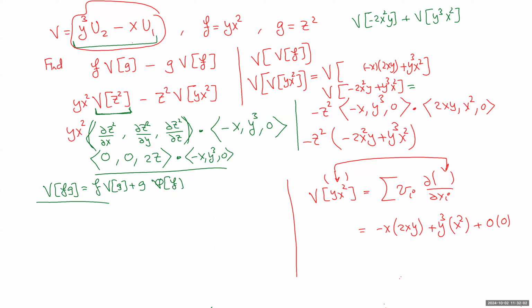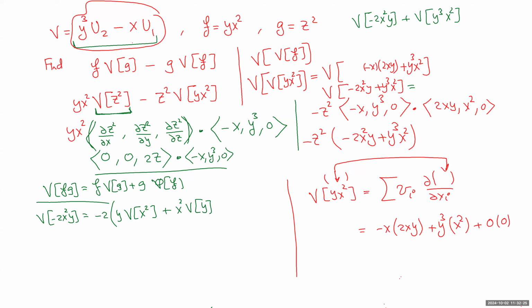So we have V of negative 2x squared y. Negative 2, remember, can be split out. So we will have times y V x squared plus x squared V y.